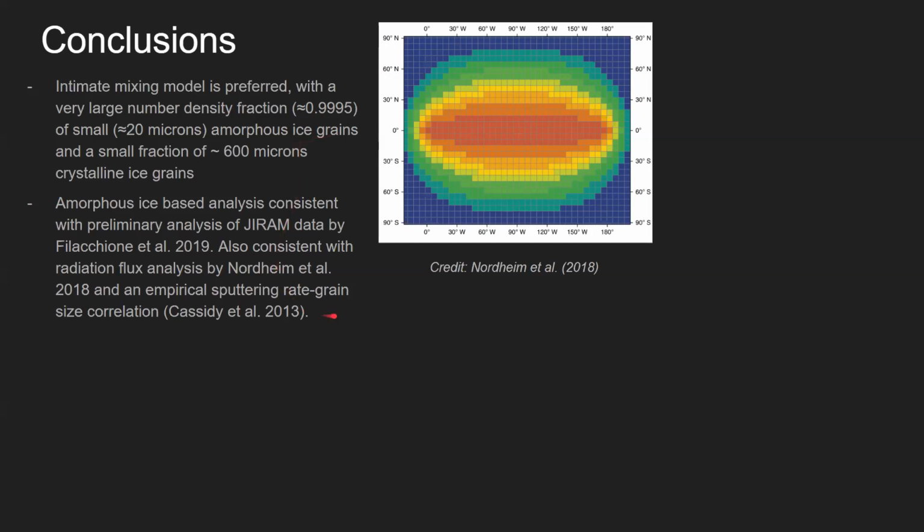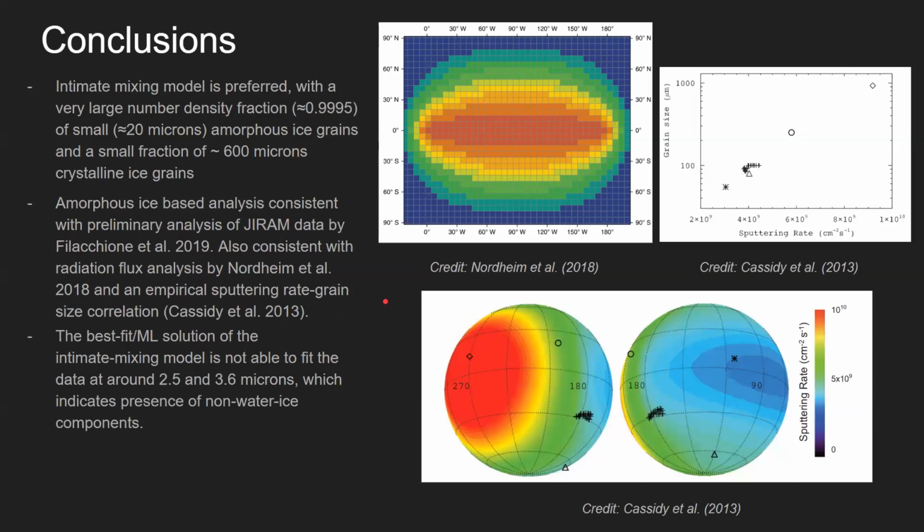And finally, our results also correlate very well with this empirical relation observed from the NIMS data, where the regions on Europa where the sputtering rate is high have larger grain size. So what is sputtering rate? Sputtering rate is basically the rate of bombardment of ions on Europa's surface, which causes destruction of the physical nature of the material on the surface.